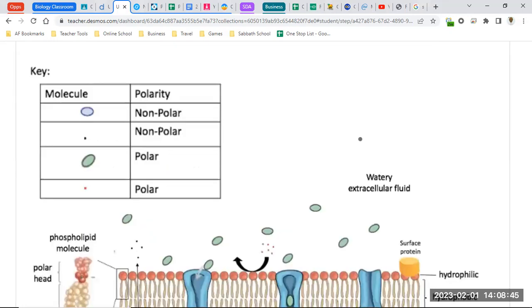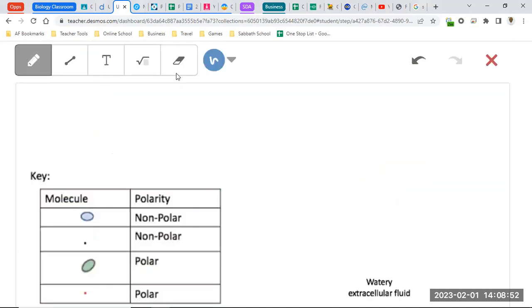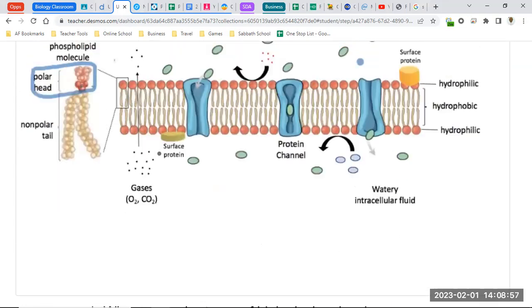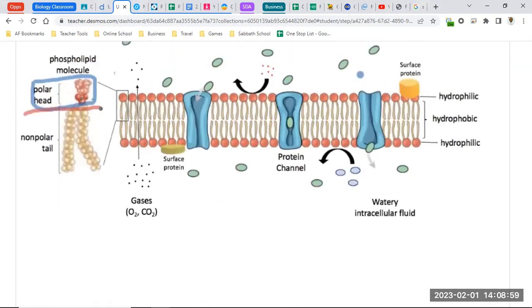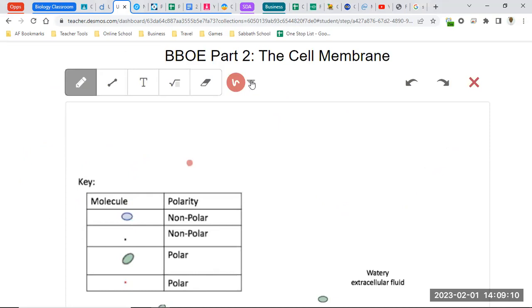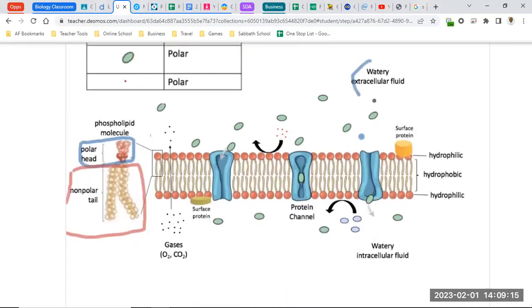hydrophobic? Now, if you remember, you said that the head over here is polar, okay? While the tail is non-polar, okay? Tail is non-polar. If water here has a charge, sorry, it's wrong color. If water here is polar, right?